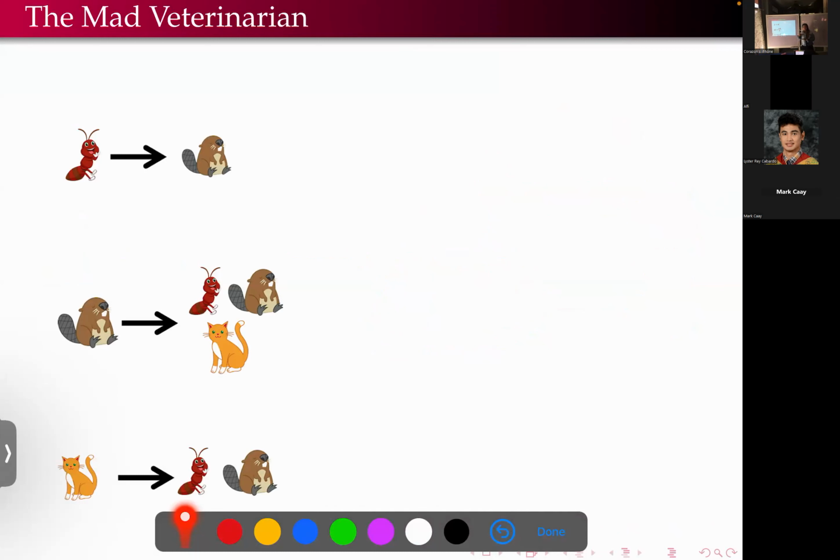Now, of course, you can do that, but the thing is that it's gonna be a tedious task. And what would happen is the mad veterinarian will take out this heavy machine and put in the heavy animals, and it's just tedious and tiring. So let's try to make this more efficient by putting it in a mathematical way.